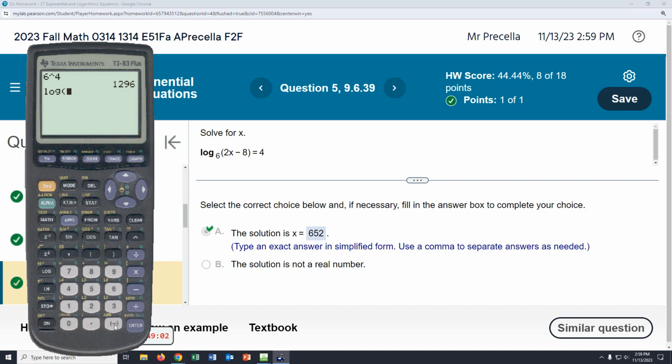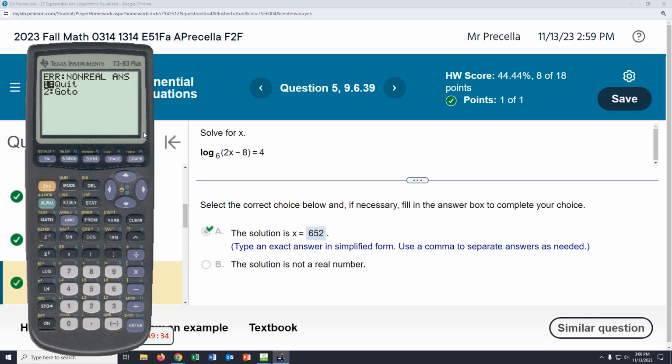If you try to take the log of a negative number, what's going to happen? You're going to get a non-real answer, because a positive number to any power always has to be positive. When we defined logarithms, we said the base had to be a positive number. As a result, the argument also has to be positive.